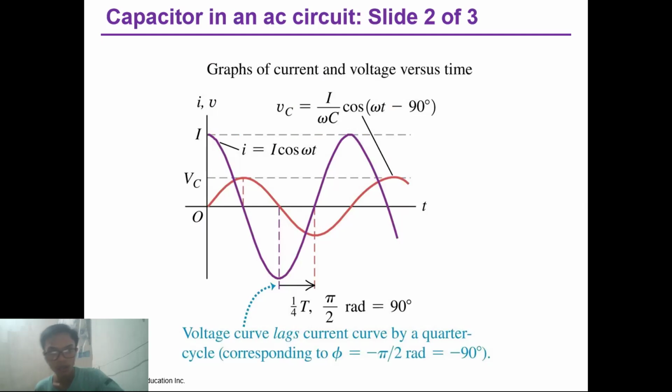What you can notice is the voltage curve lags the current curve by a quarter cycle, corresponding to negative pi over 2 rad, equal to negative 90 degrees. In simple terms, graphically, the current waveform leads the voltage waveform by 90 degrees. You can sketch voltage and current for a capacitor, and based on your own sketch, which one peaks first?